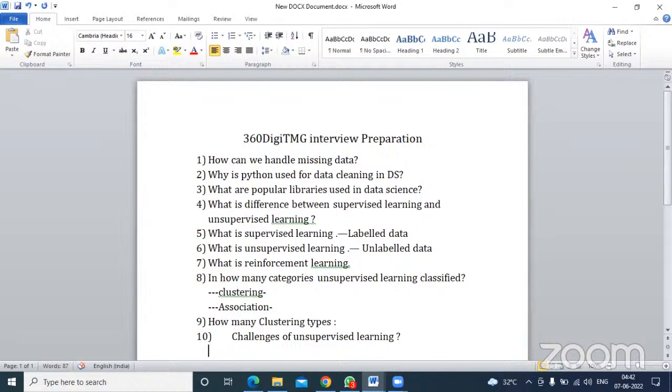As we know, unsupervised learning has no labels, it is unlabeled data. We have to process it and train the model. What are the complexities or challenges we will face in unsupervised learning? Any thoughts?